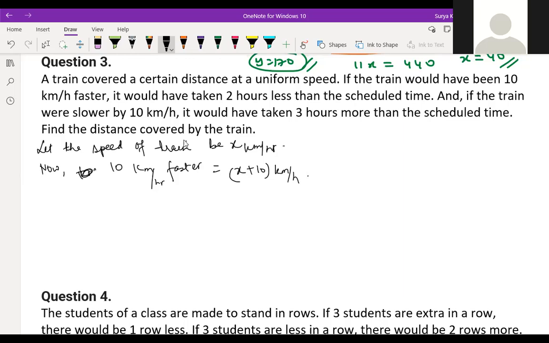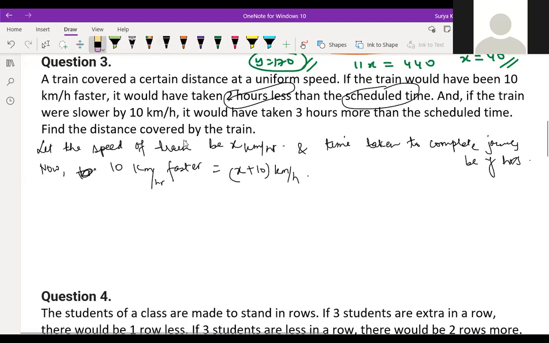What is the scheduled time? Let the time taken to complete the journey be y hours.